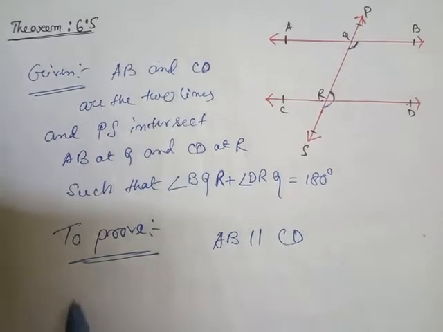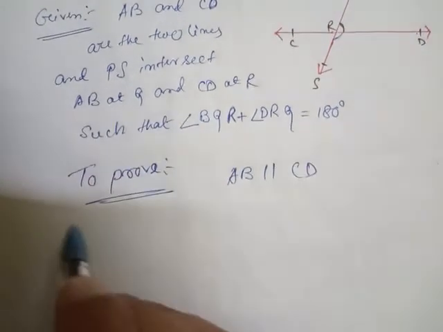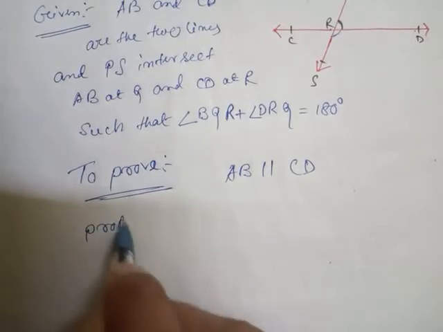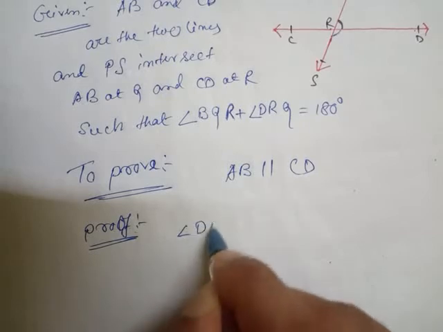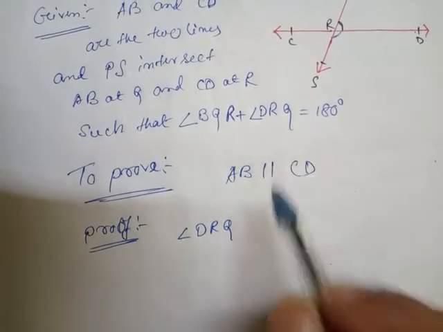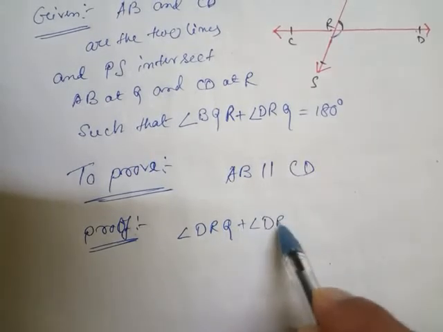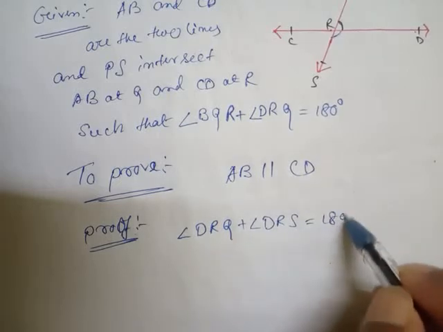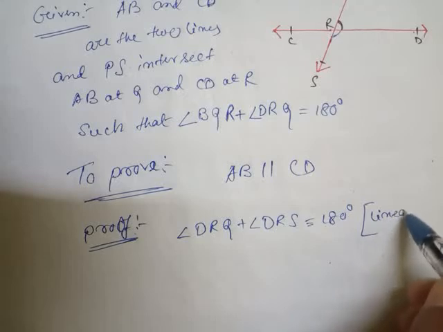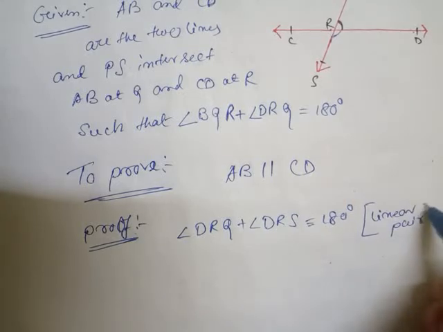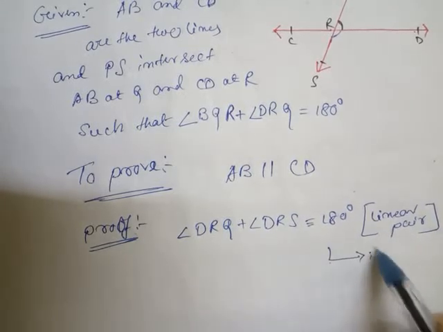So we'll write down the proof here. Proof: angle DRQ plus angle DRS equals 180 degrees, and we'll write the reason here, linear pair. This is our equation number 1.